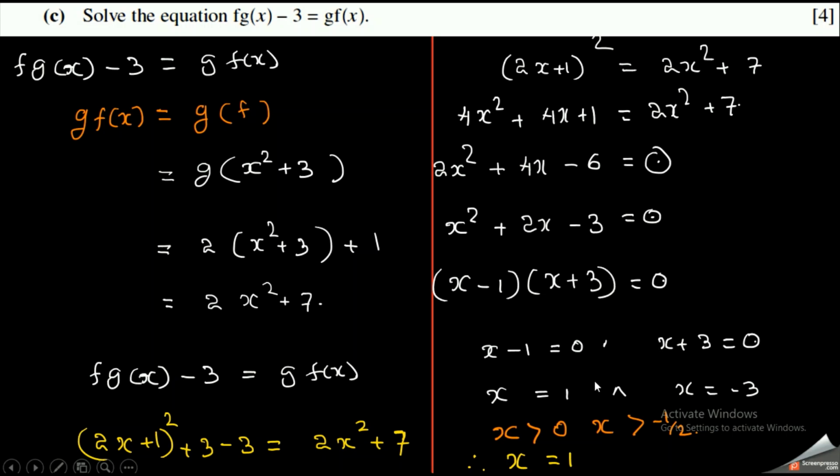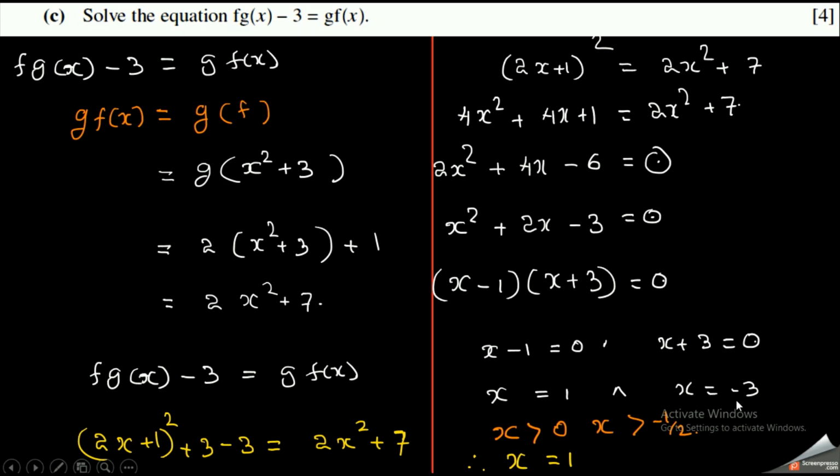these concepts, what is domain, what is range, what is inverse, you've got to clearly understand. You can't answer present day questions mechanically without understanding the concept.